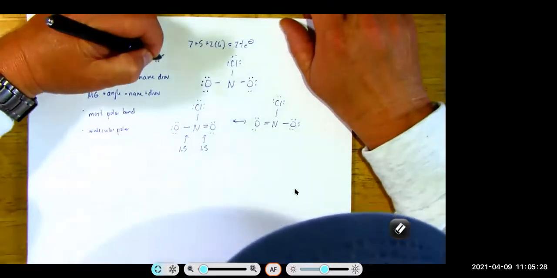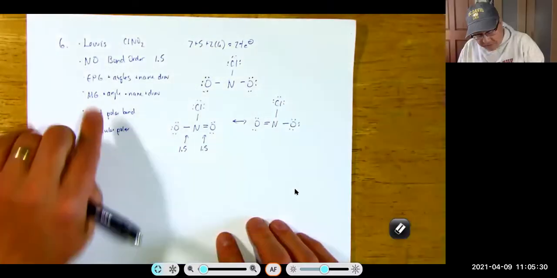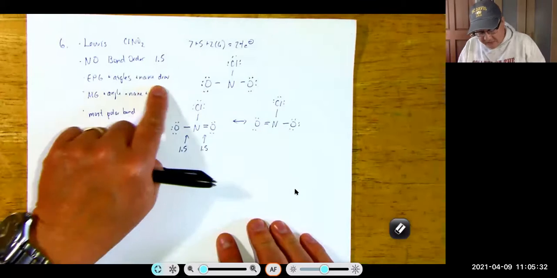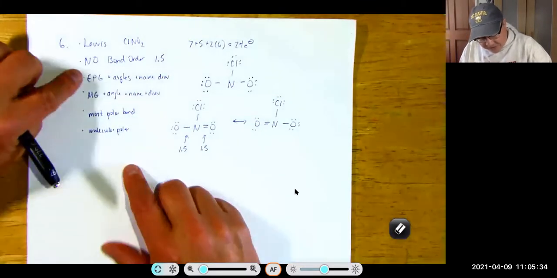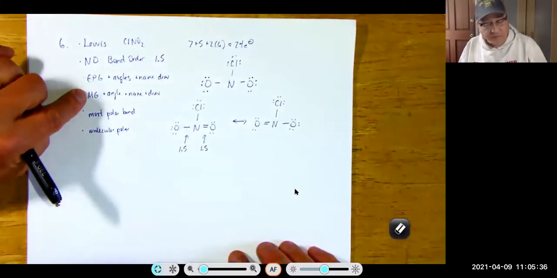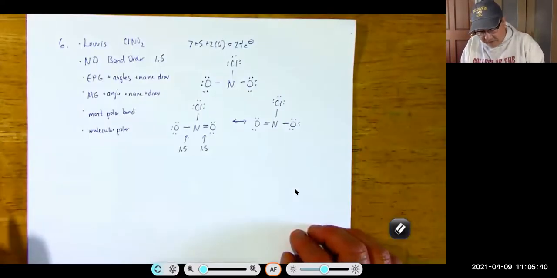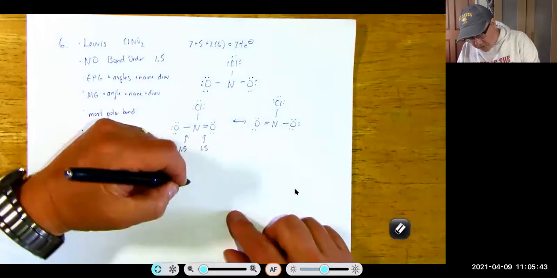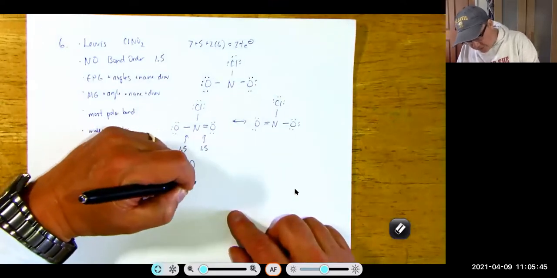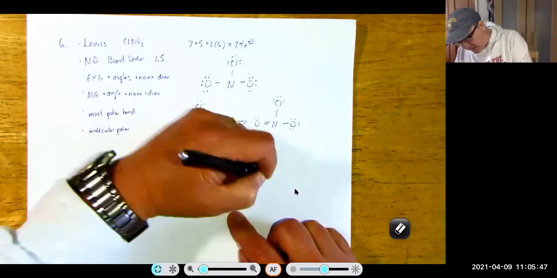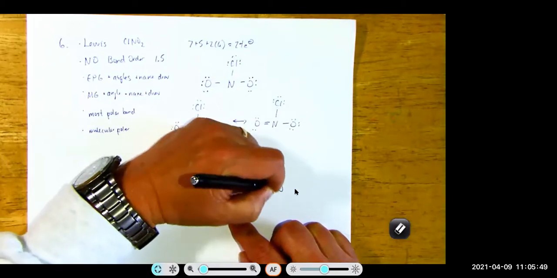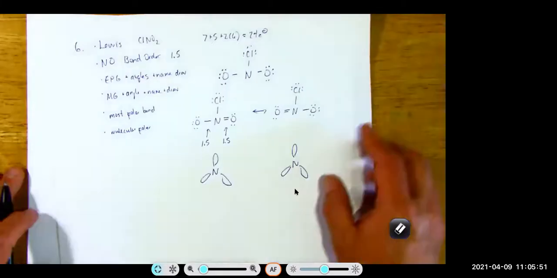Right. Okay, electron pair geometry and angles, draw and name it. For these next parts, we only need to do it for one resonance structure because they will be identical. So here, if we draw the electron pair geometry, wouldn't you agree it looks kind of like that? And this one looks kind of like that? Correct. So they're identical, wouldn't you agree?